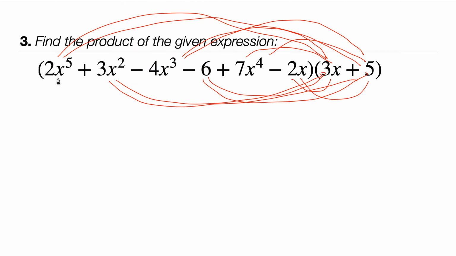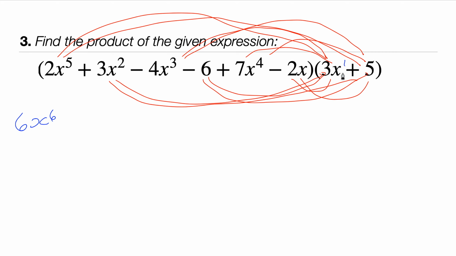So 2x to the fifth times 3x is going to give us 6x to the fifth. 2x to the fifth times positive 5 is going to give us plus 10x to the fifth. Okay, or rather this should be to the sixth. My goodness. 6x to the sixth, since we have a 1 here, right?